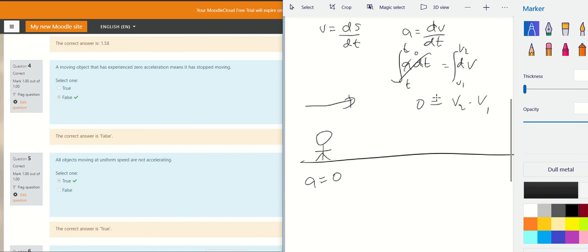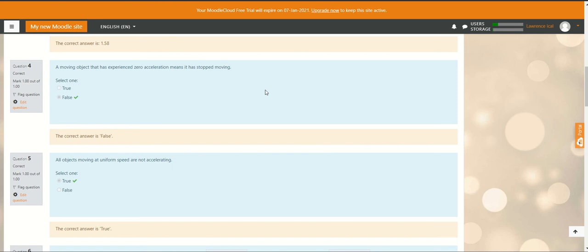So if acceleration is 0, then basically your movement is the same. What this means really is if your initial velocity is v1 and your final velocity is v2, then you did not change. So going back to the question, a moving object that has 0 acceleration means you stop moving.